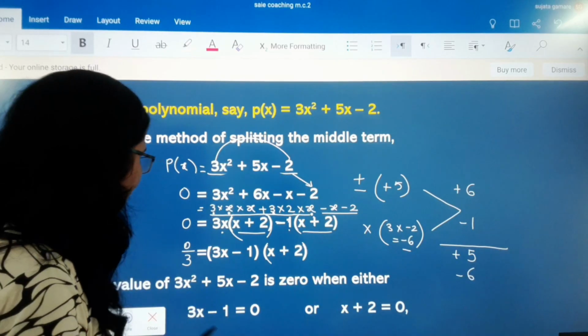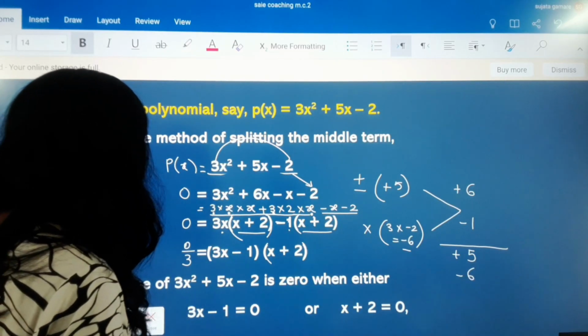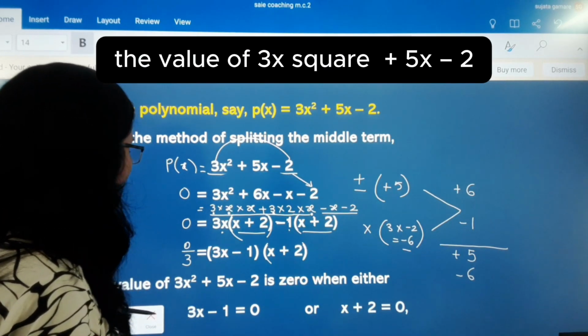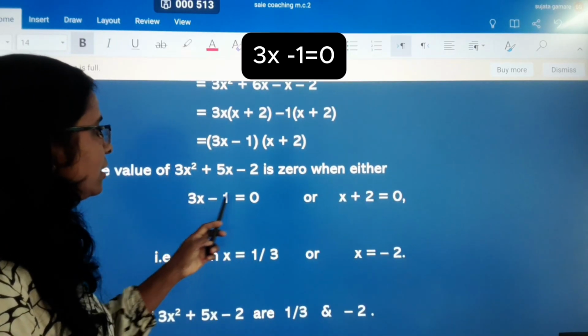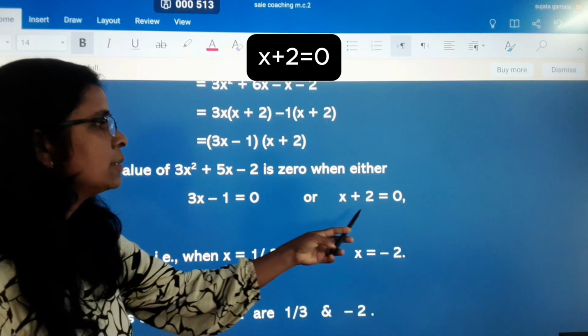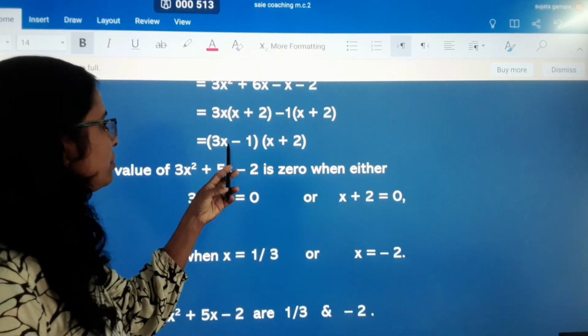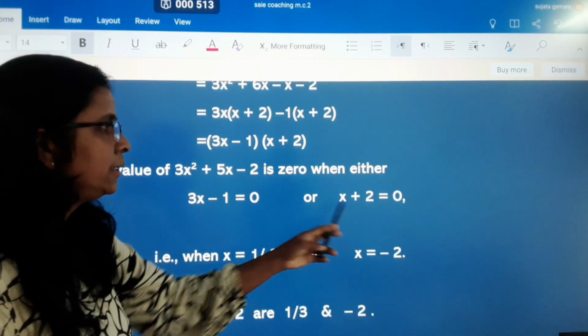So here we say that the value of 3x square plus 5x minus 2 is 0 when either 3x minus 1 is equal to 0 or x plus 2 is equal to 0. So this bracket is equal to 0 and this bracket is equal to 0.